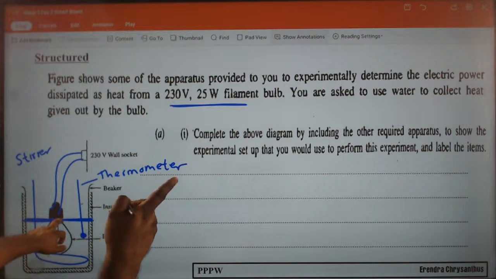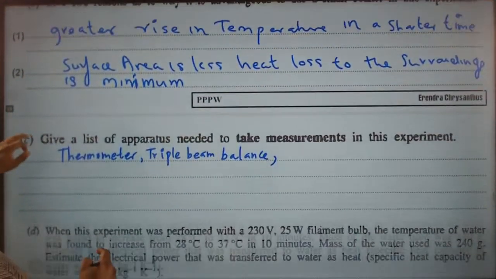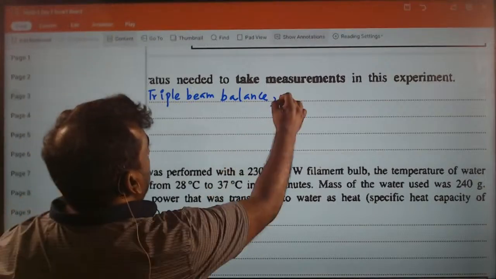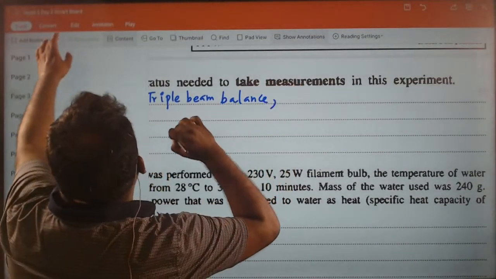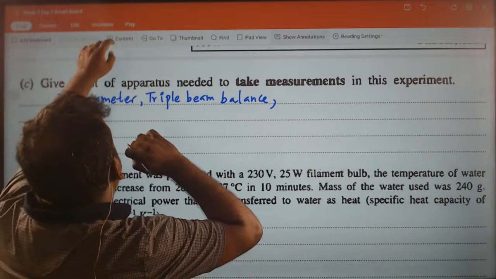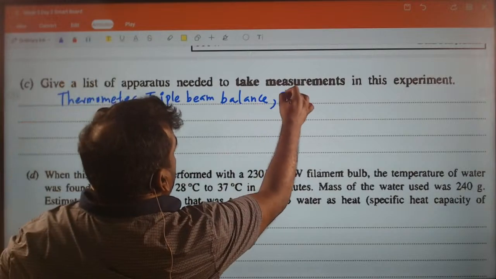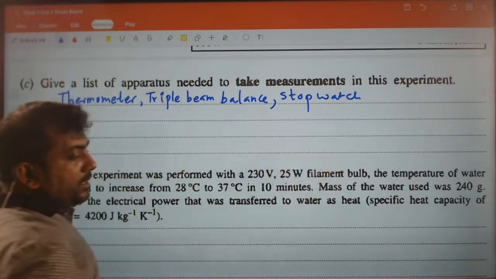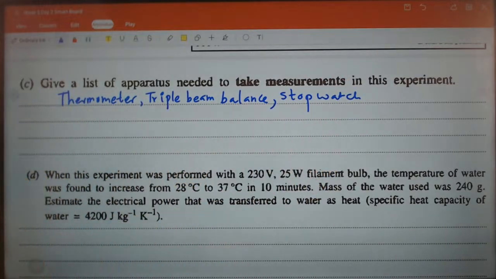You need to measure time, so a stopwatch. Stopwatch is needed, because once you measure time, you can find the energy.